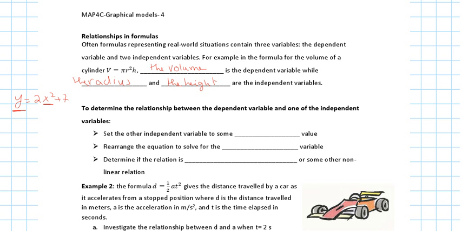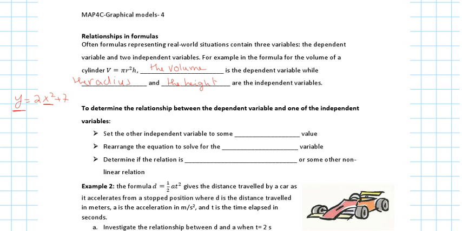But here I have too many independent variables to be able to tell if it's quadratic or not. So I always need to set one of them to be constant and then state if it's quadratic or not.